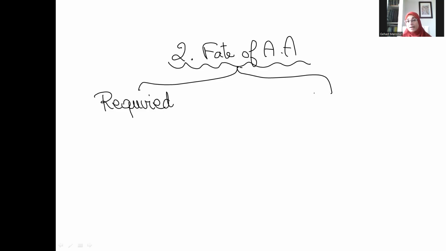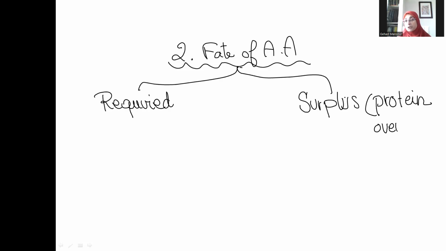So again, we are going to divide the fate of the amino acids into the fate of the required amino acids and the fate of the surplus amino acids, meaning that, for example, if you have a protein overload, like people who go to the gym, for example, and their coaches tell them that they should eat a lot of amino acids or a lot of proteins, and this finally ends into a protein load.